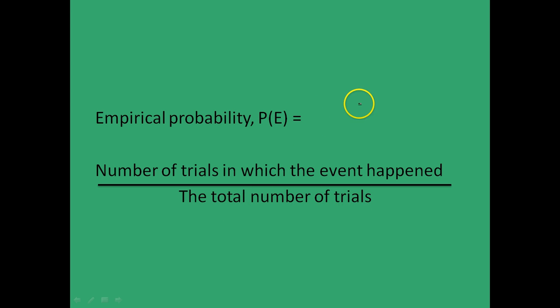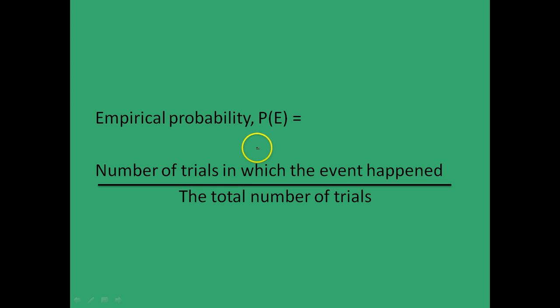Say there is a happening or a trial in which numerous events are possible, and you want to discuss in strict mathematical sense the empirical probability of, say, event A. And if in that trial event A, B and C are possible, we will look at the number of times the trial was conducted and the number of trials in which event A happened.